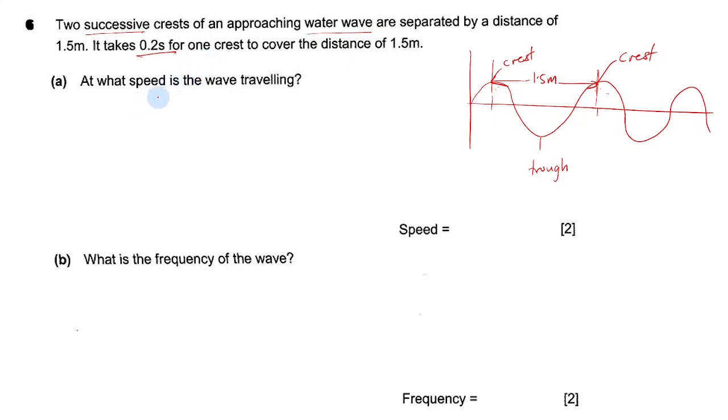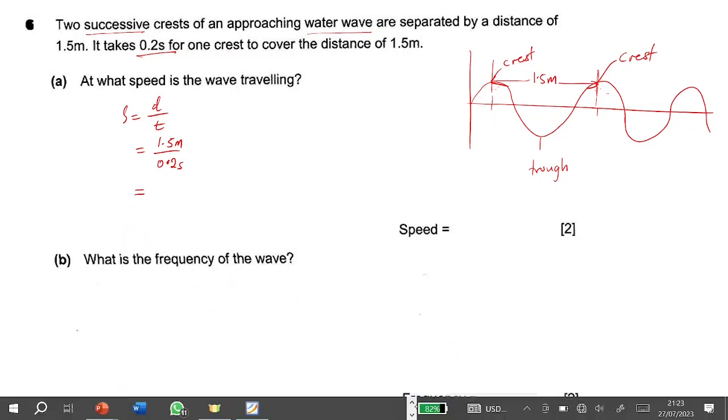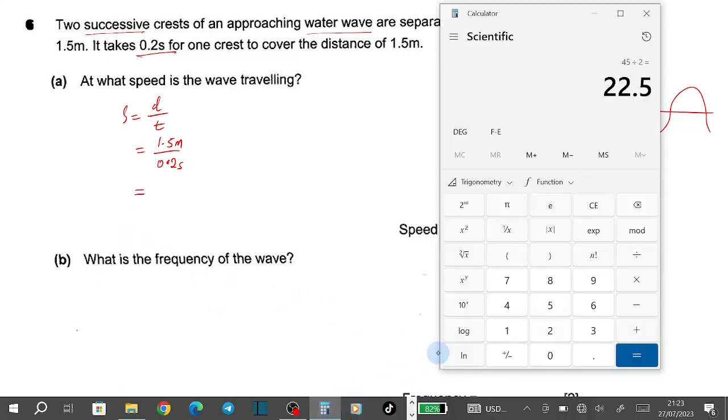Then they ask, at what speed is the wave traveling? Here we'll use the formula for speed. Speed is equal to distance over time. The distance is 1.5 meters, so you substitute: 1.5 divided by time, which is 0.2 seconds. You get your calculator and say 1.5 divided by 0.2.